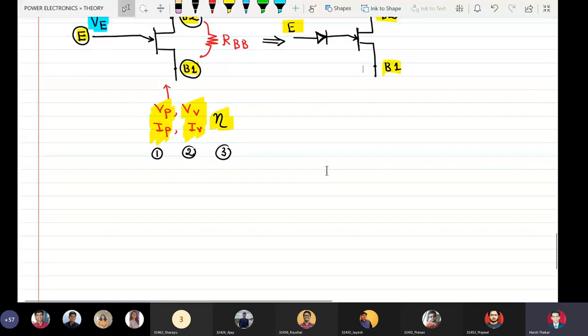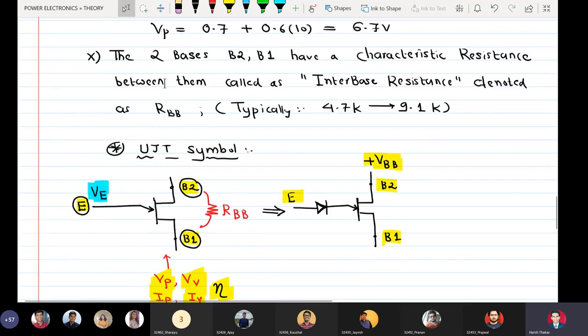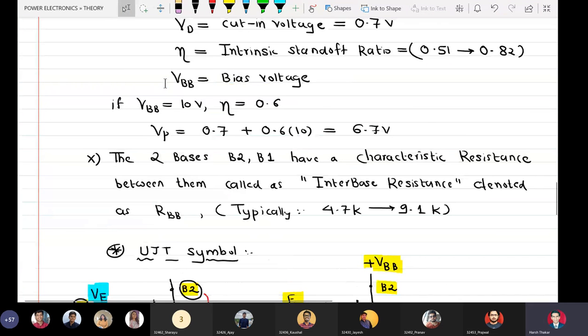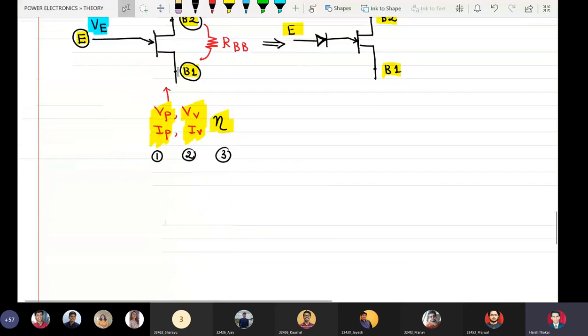Having said this, let us directly draw the circuit for UJT operation. We can say we have two circuits. One is the plain UJT. One more thing I would like to mention: when UJT is used to generate firing pulses, it is called a relaxation oscillator.